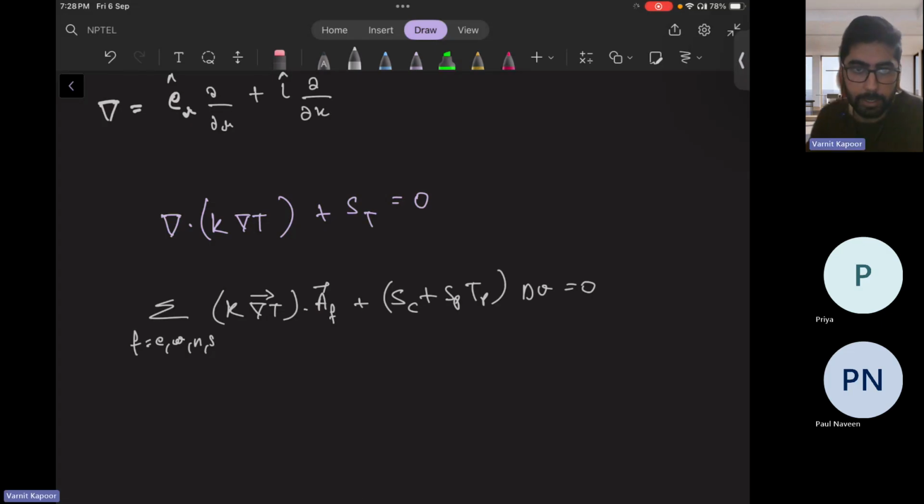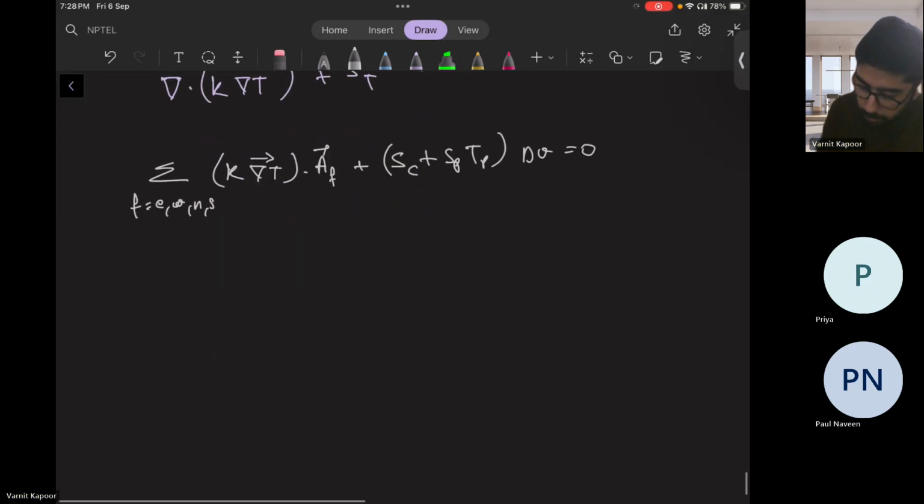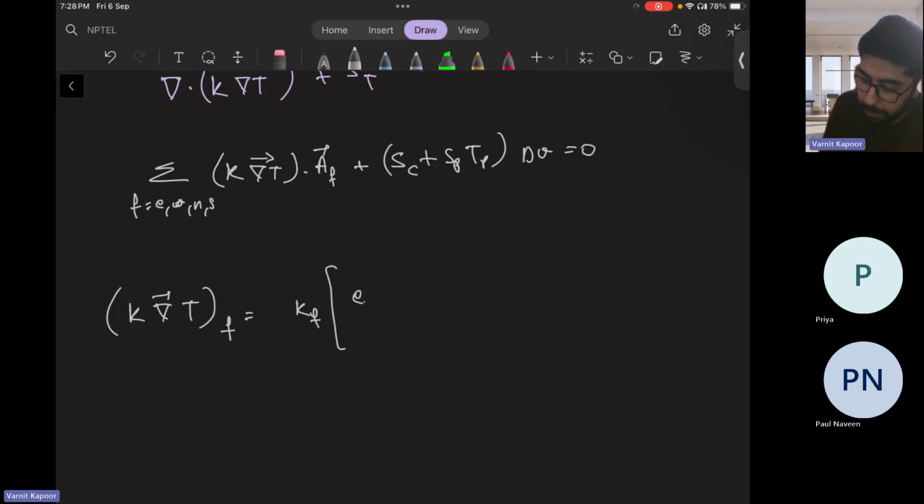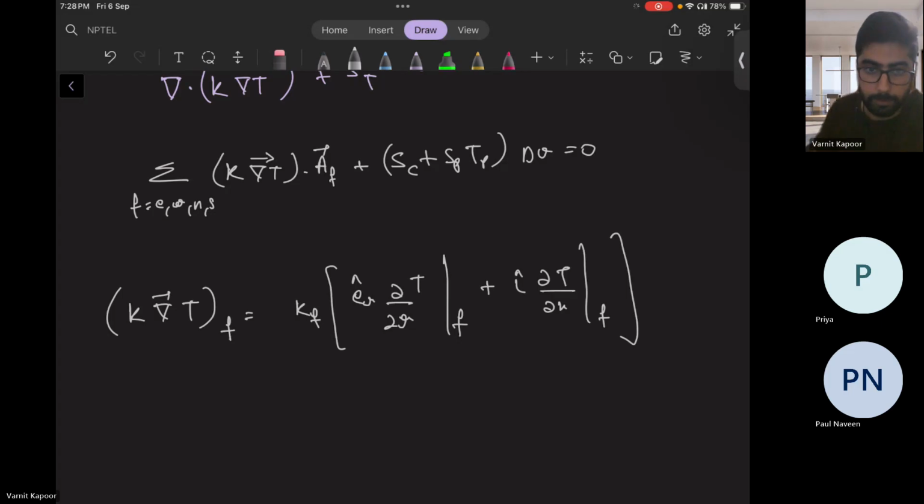Now we will discretize this equation. So again, K grad T for any face can be written as K of the face into the grad operator, which is nothing but ER dou by dou R of T of that face plus I dou T by dou X of that face.